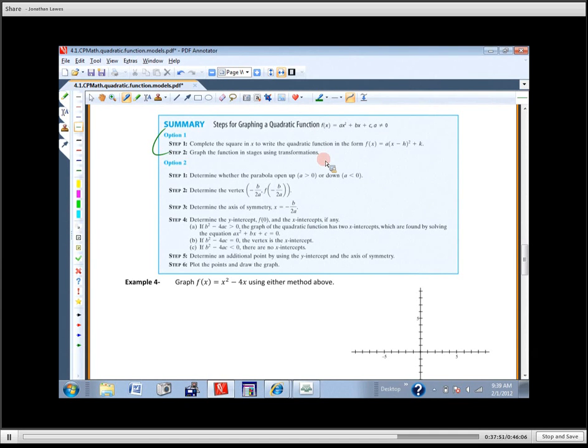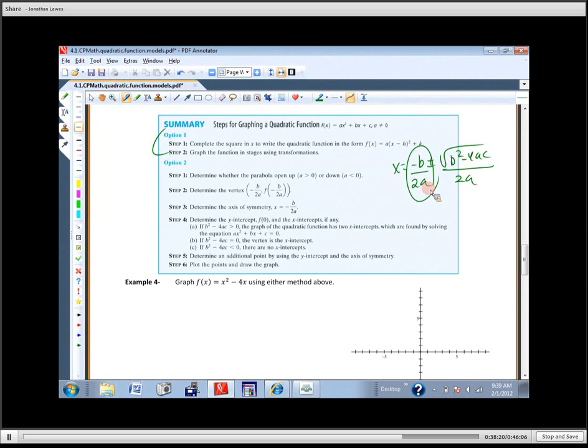But if you think about how the quadratic formula works, it's x equals -b plus or minus the square root of b squared minus 4ac, all over 2a. I could break it into two separate fractions. This part right here is the x-coordinate of the vertex. It is the axis of symmetry.